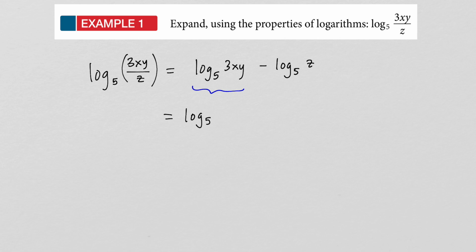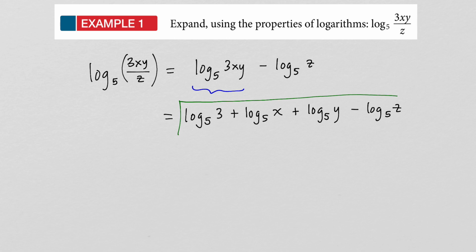So this is log base 5 of 3 plus log base 5 of x plus log base 5 of y, and finally minus log base 5 of z. And so what we've done is we've taken this very simple, compact expression and we've written it as an expansion involving multiple single logarithms or logarithms of single expressions.